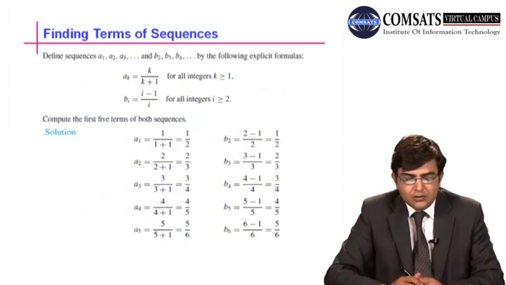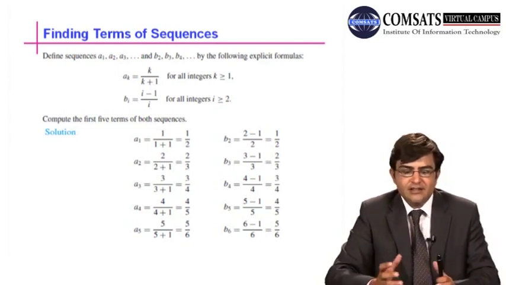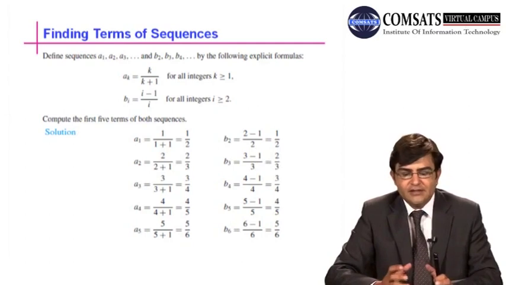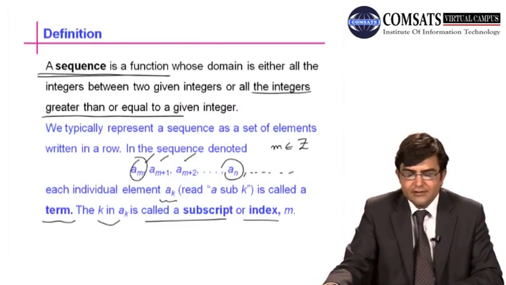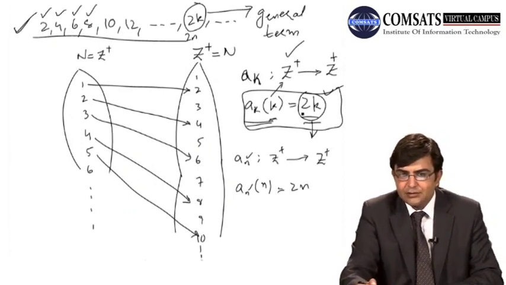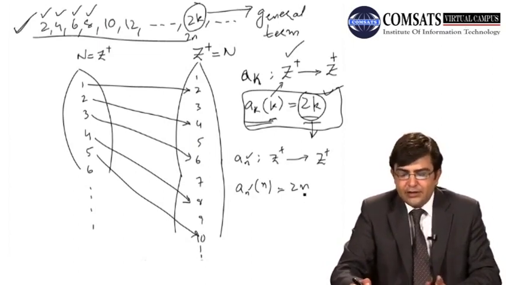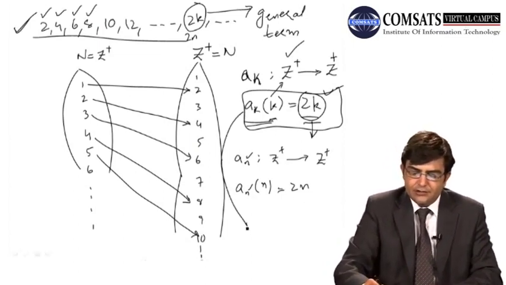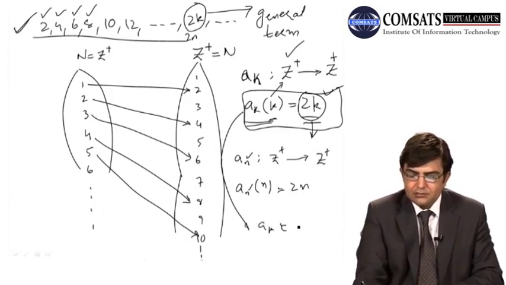Now, how do we find terms of the sequence if we are given a general formula of the sequence? Usually the general formulas of a sequence, as we have defined here, a_k = 2k and a_n = 2n, are denoted by a_k = 2k.